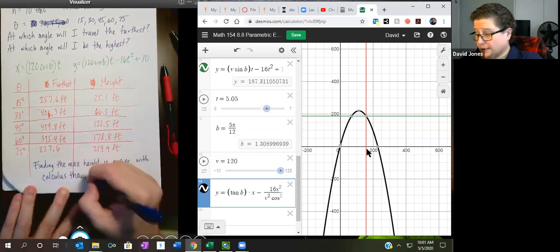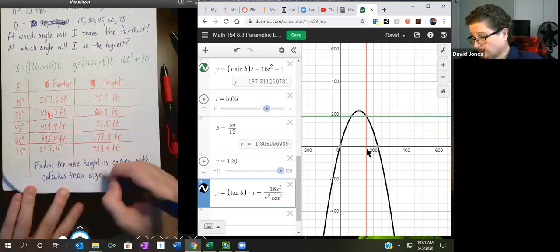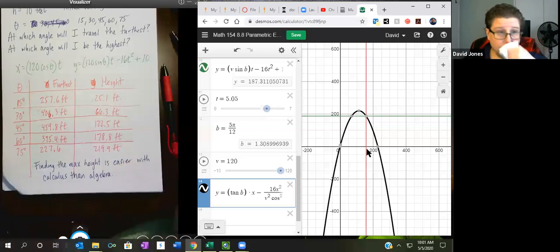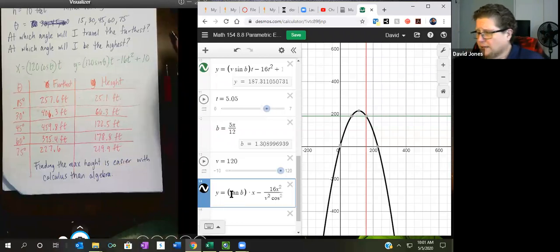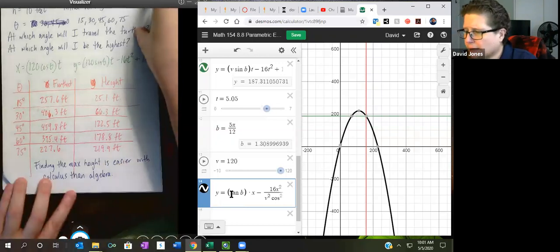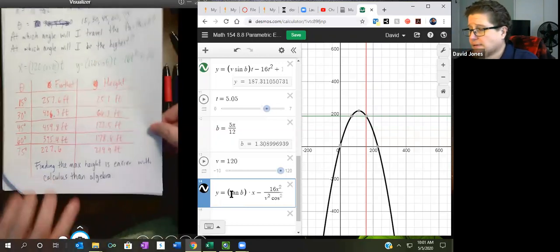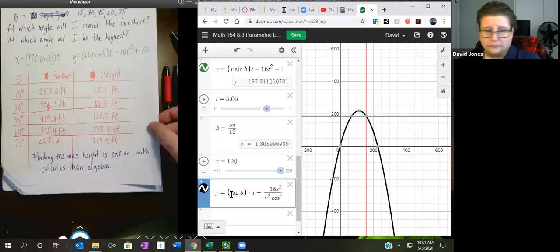Then algebra, to be honest. How did I get this equation right here? Let's get rid of the parameter t.